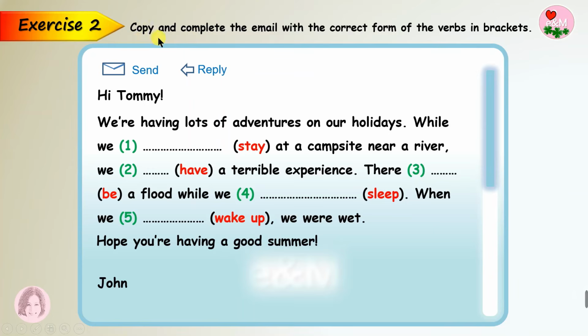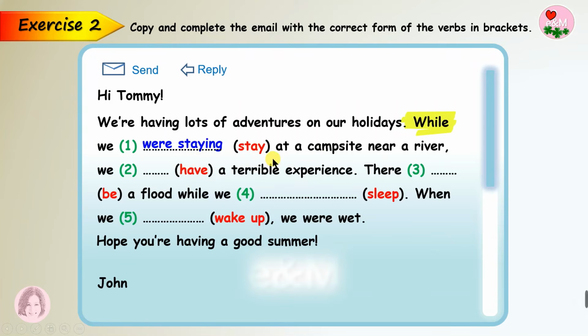Exercise 2. Copy and complete the email with the correct form of the verbs in brackets. Let's discuss. Hi Tommy, we are having lots of adventures on our holidays. Remember, while is followed by the long action, so we use past continuous. While we were staying.